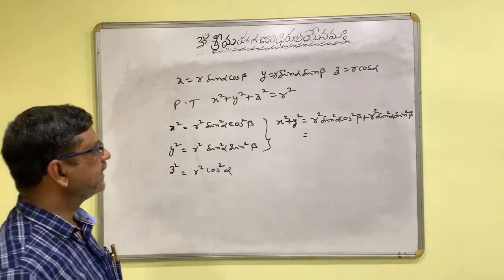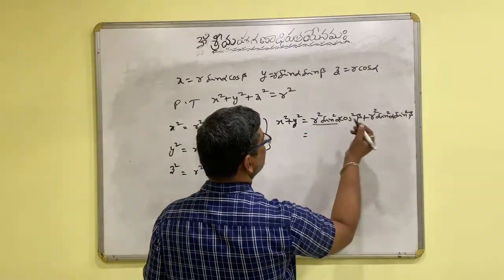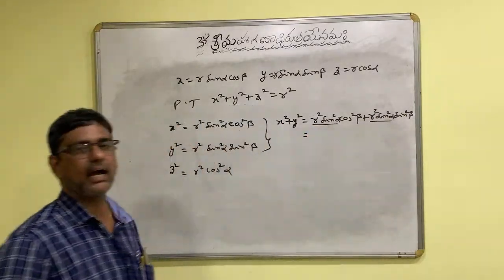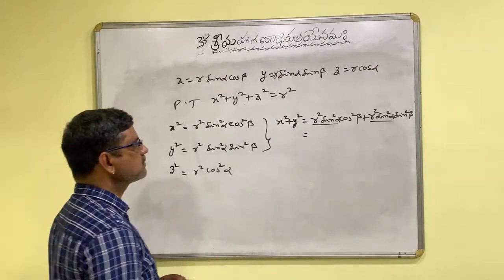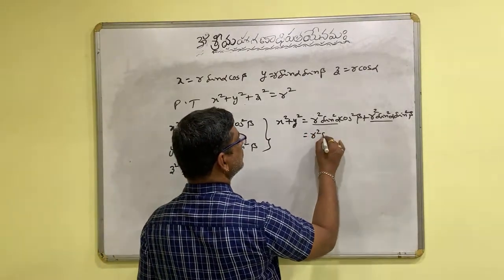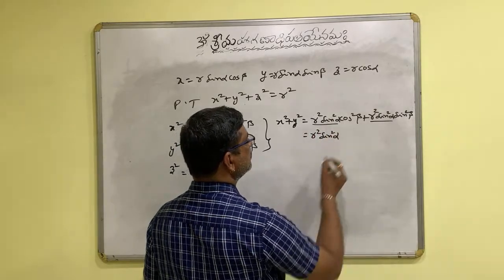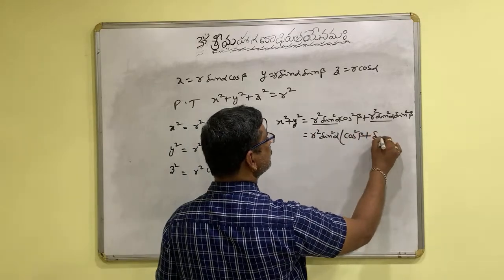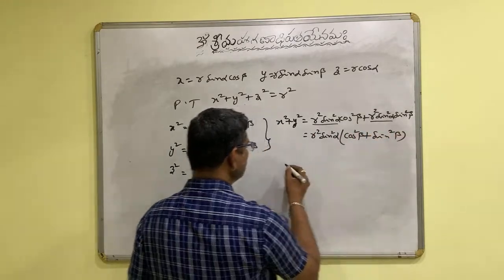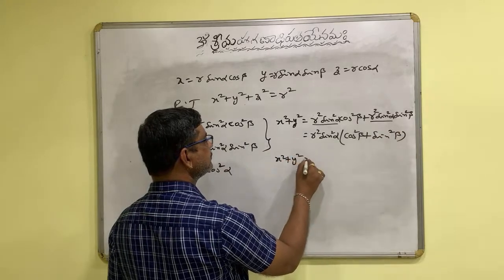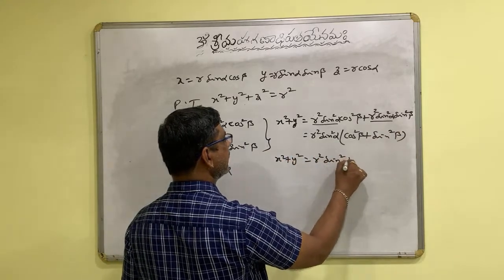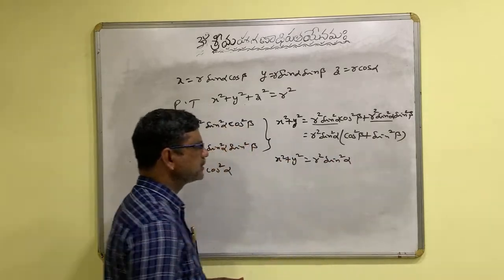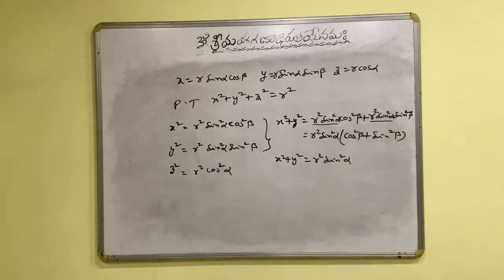So I think we can take r square sin square alpha common in both. Then here left over cos square beta, there sin square beta. So x square plus y square is equal to r square sin square alpha into 1. So x square plus y square value we got as r square sin square alpha.